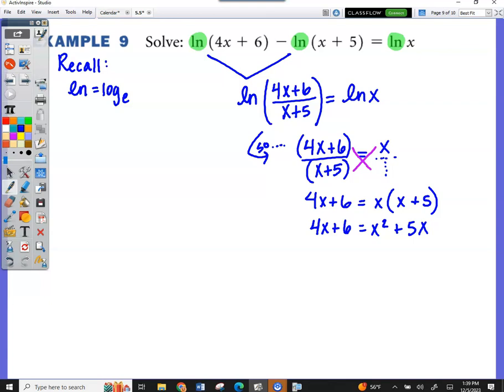I have way too many x terms to solve by square roots, so I'm going to subtract everything to the right. 4x would subtract under 5x, leaving you with x. 6 is positive, it would subtract to the right.